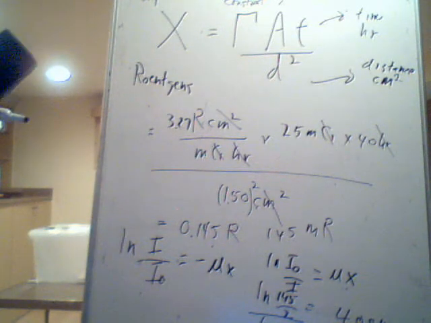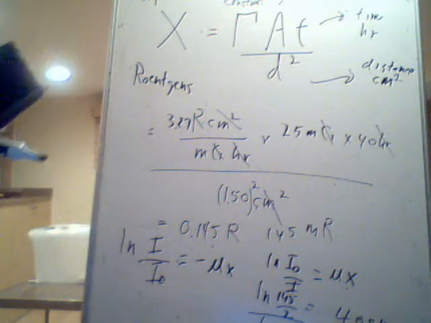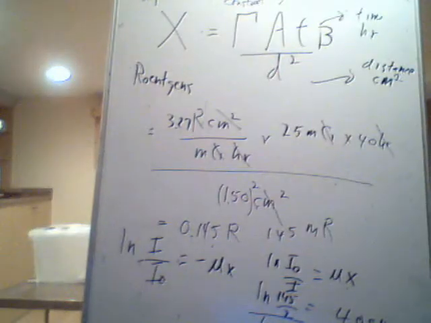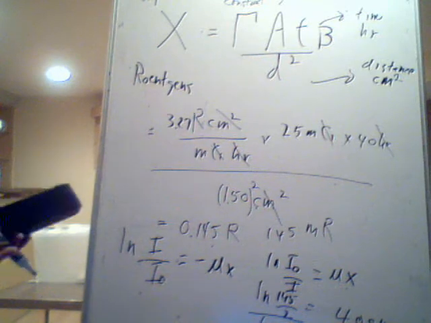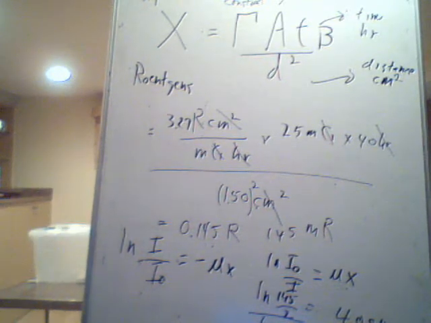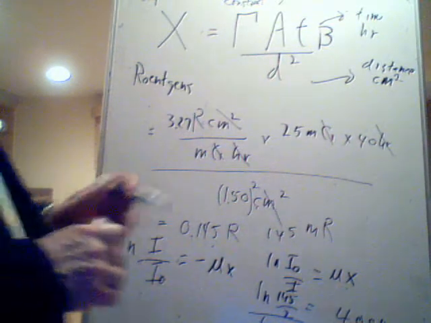But what I wanted to mention was that we can modify this equation by putting in the value b. We multiply this by b, which is the shielding transmission factor. The transmission factor is nothing more than the ratio of I to I0.